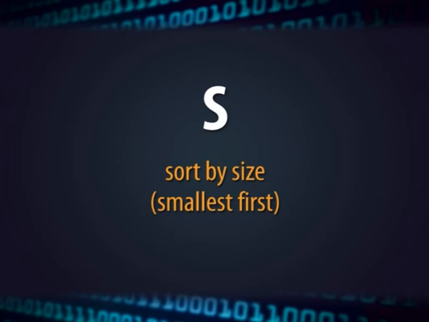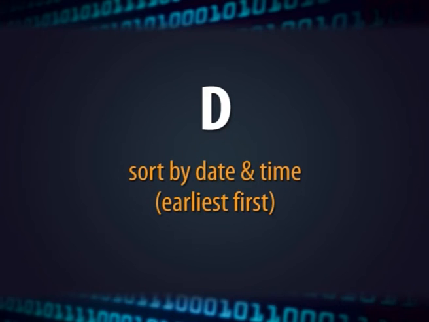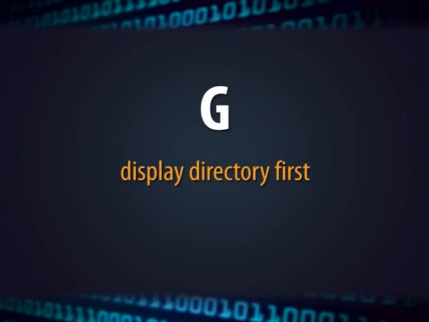S will sort by size, the smallest file first. E will sort by extension, displayed alphabetically. D will sort by date and time, earlier first. G will display directories first.